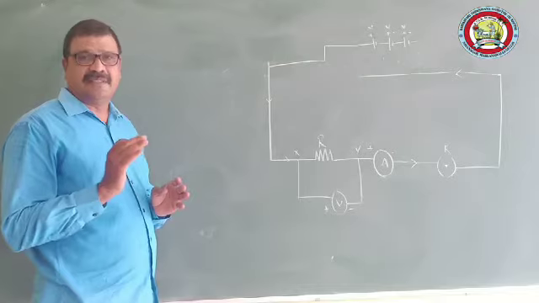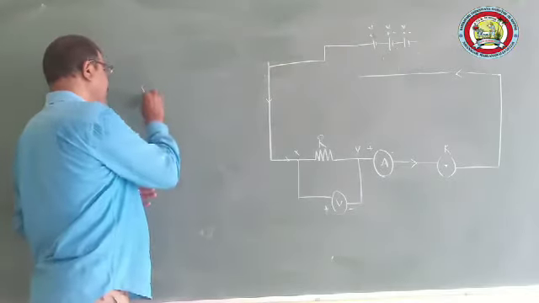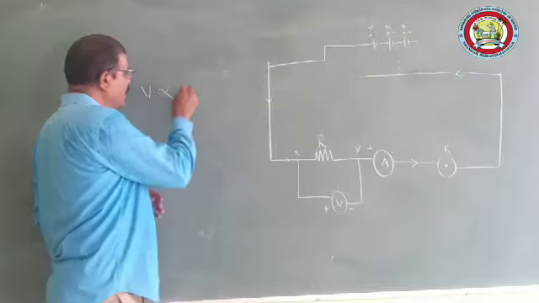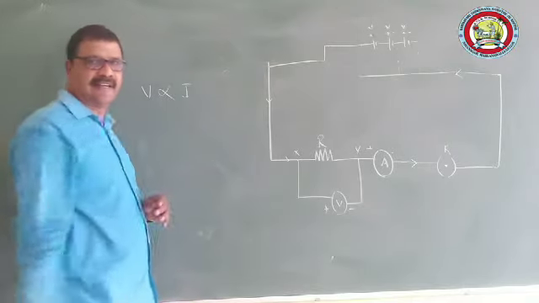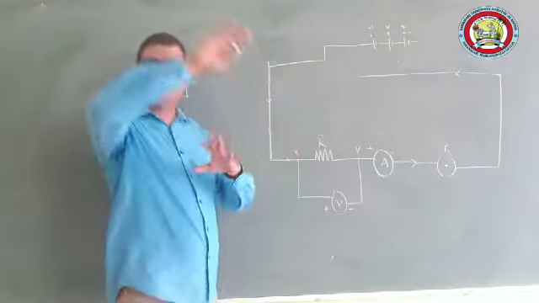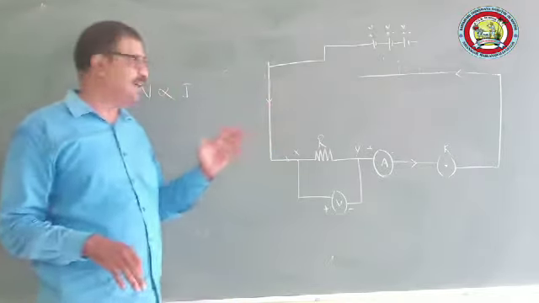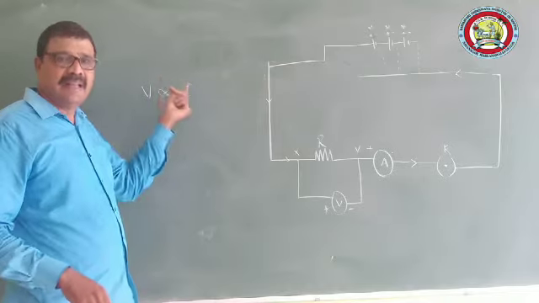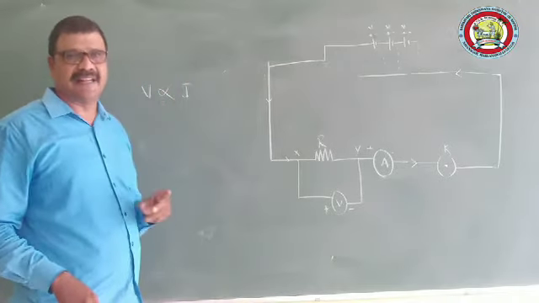The potential difference V between two points is directly proportional to the electric current flowing through the conductor.